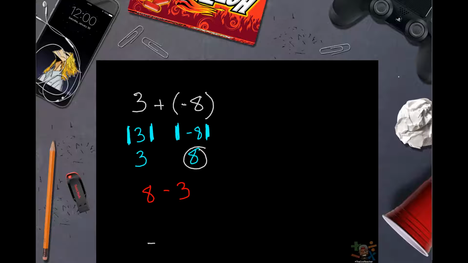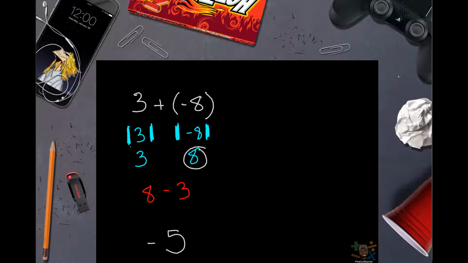This is a positive 3 and this is a negative 8. Those are different signs, so that's why I'm subtracting. So 8 minus 3 gives me what? Everybody should know that 8 minus 3 gives me 5. So 3 plus negative 8 is going to give me a negative 5.